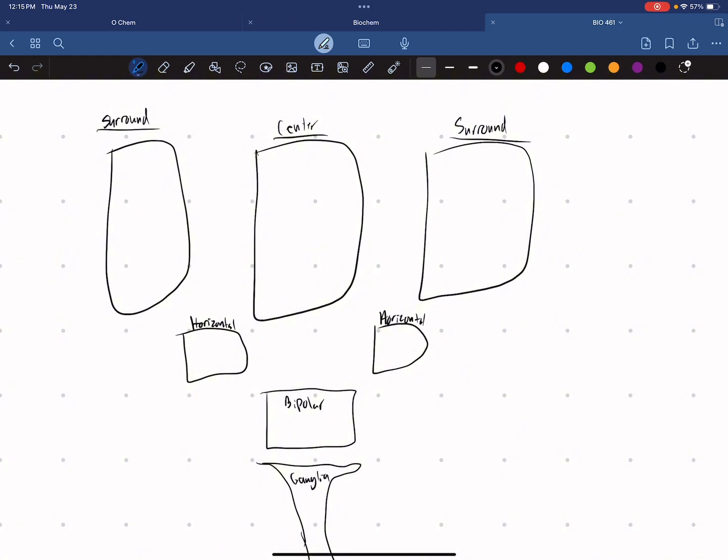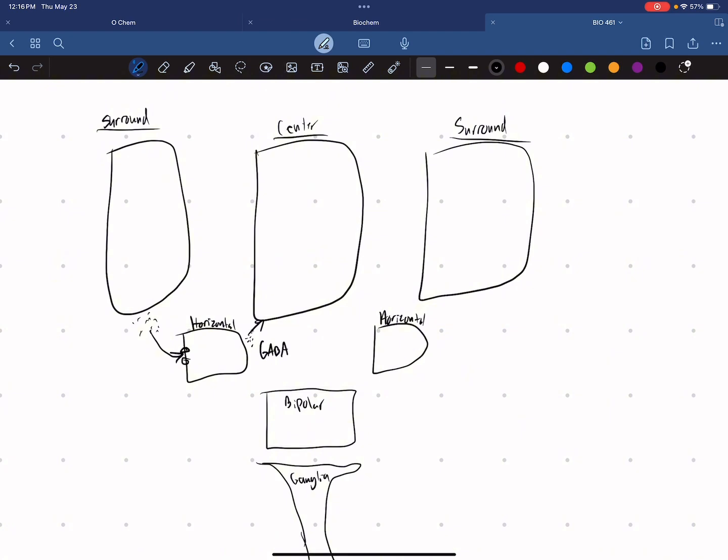So what happens, say the surround cells are in the dark, they will release glutamate here, which will bind to the horizontal cells, and the horizontal cells will release a neurotransmitter called GABA that binds to the center cell that further inhibits the release of glutamate.